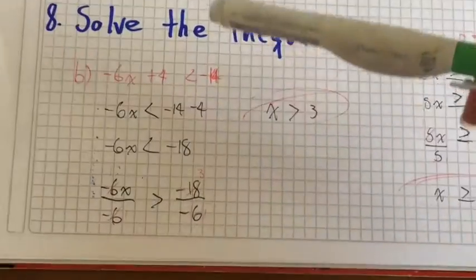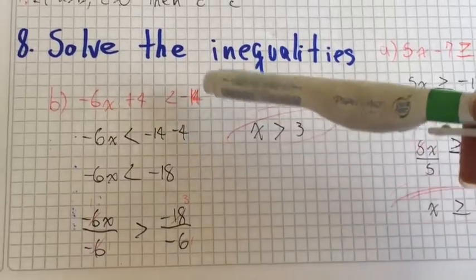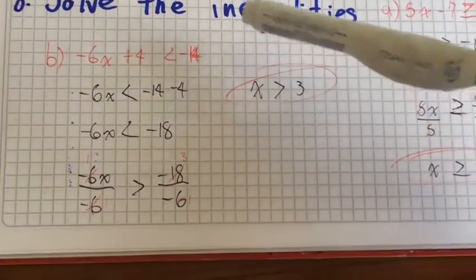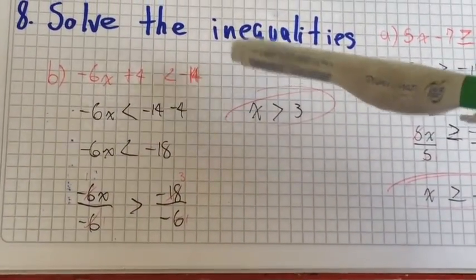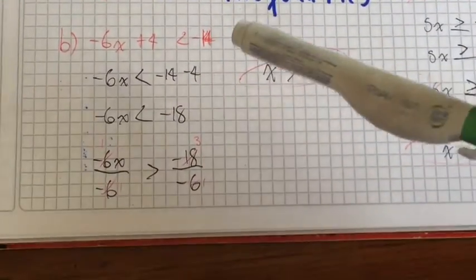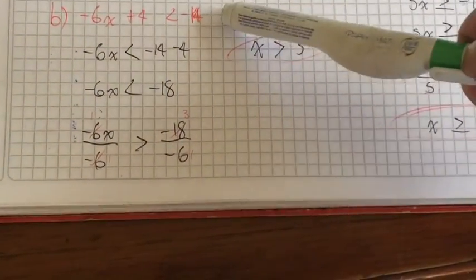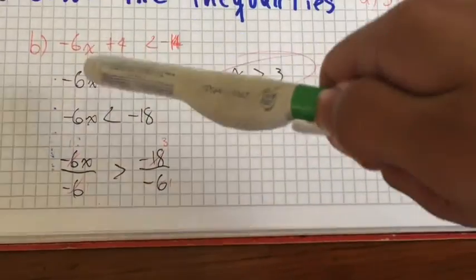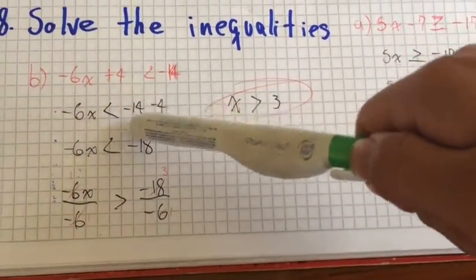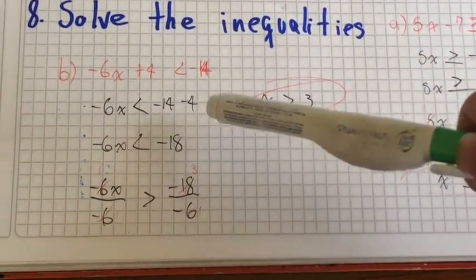In this we have minus 6x plus 4 less than minus 14. So we pass the 4 to here, so it will be minus 6x less than minus 14 minus 4.